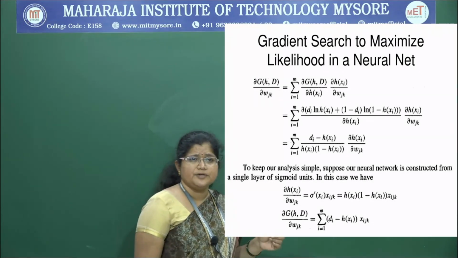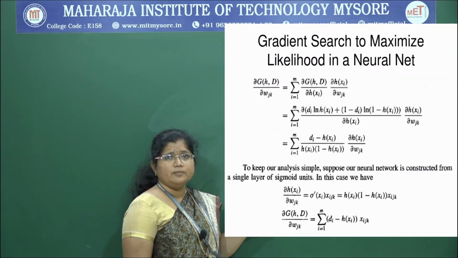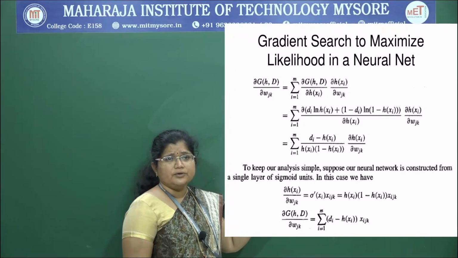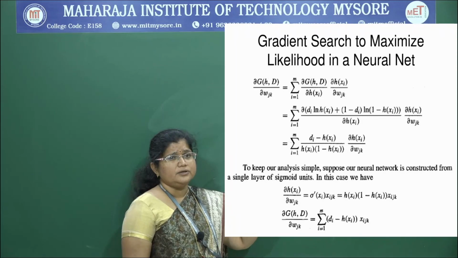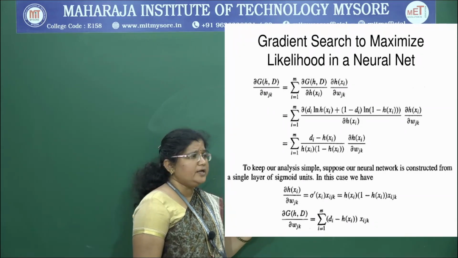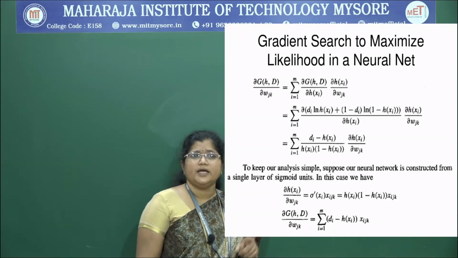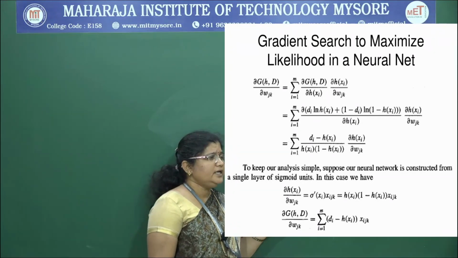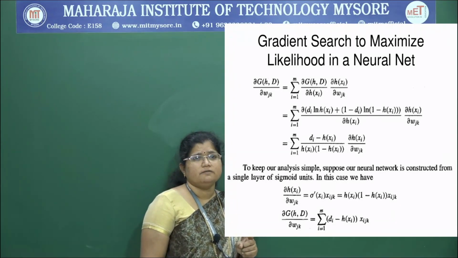Then we can rewrite equation 1: the partial of h of x_i by the partial of w_jk can be written as sigma dash of x_i into x_ijk, which is equal to h of x_i into (1 minus h of x_i) into x_ijk, where x_ijk is the kth input to the jth unit for the ith training example, and sigma dash is the derivative of the sigmoid squashing function.